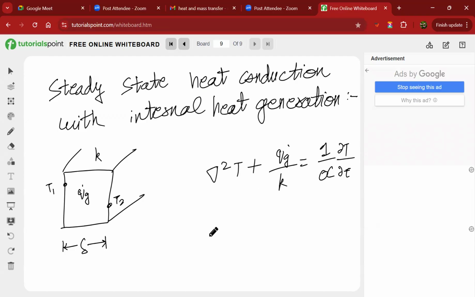Okay. Now, it is the format of a general heat conduction. Since it is a steady state heat conduction, this particular factor becomes zero, and then my equation would become del square T plus Qg by k is equal to 0.